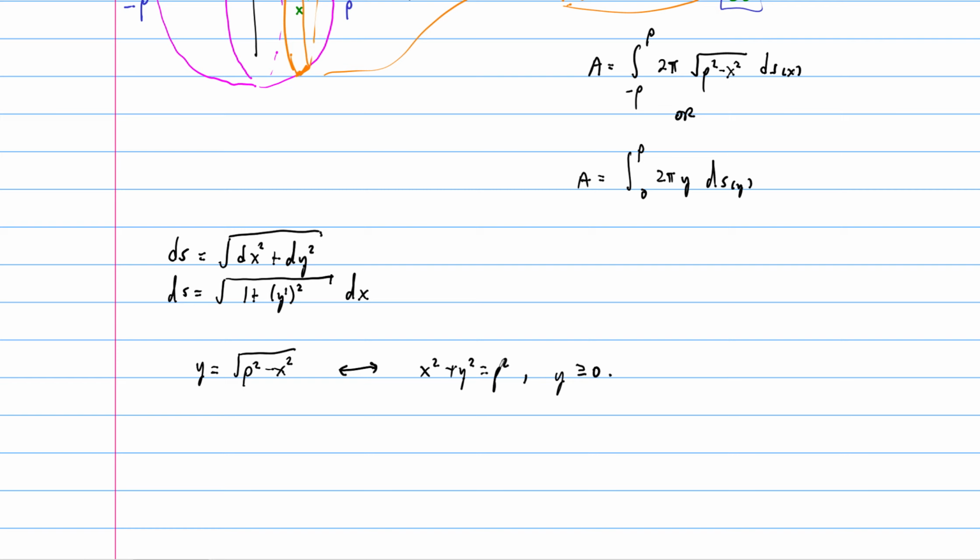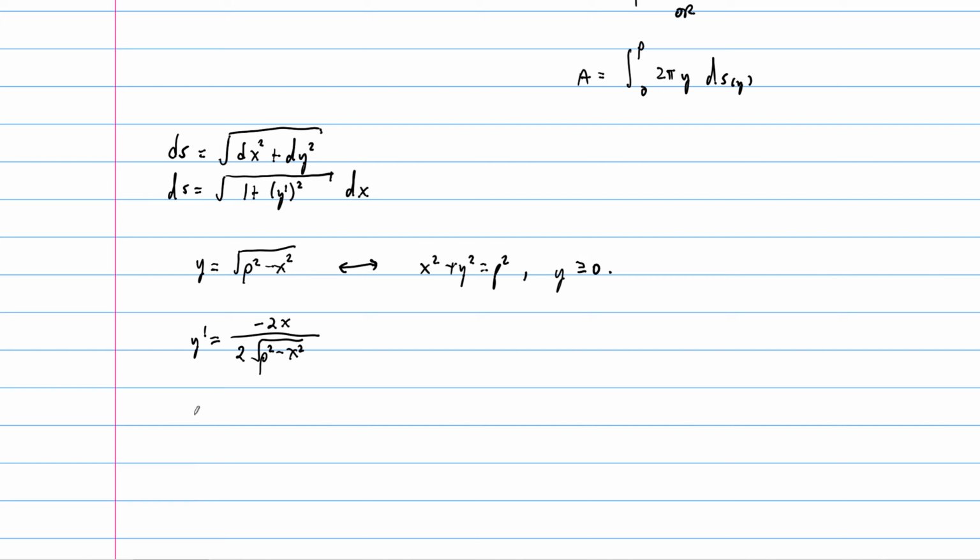So let's look at this equation then. If we take the y derivative of this whole thing, or the x derivative, it doesn't really matter. We just need the differentials, right? Let's just take the derivative of the equation. So y prime is going to equal, this is a chain rule, right? It's going to be negative 2x over 2 square root of rho squared minus x squared. Then we need to square this.